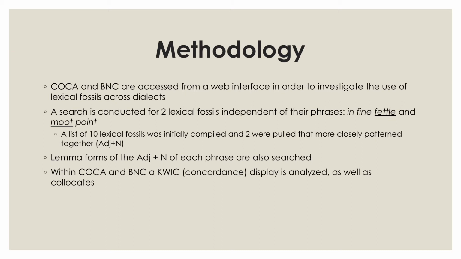And then lemma forms of the adjective plus noun of each phrase was also searched. So for in fine fettle, it would be fine, finer, finest, and fettle and fettles. And then for moot point, it would be moot, mooter, mootest, and point, points. And finally, within COCA and BNC, a keyword in context display was analyzed, as well as collocates of both lexical fossils.